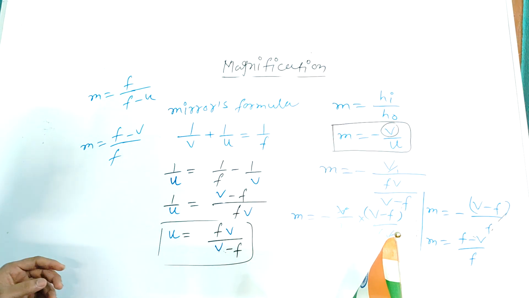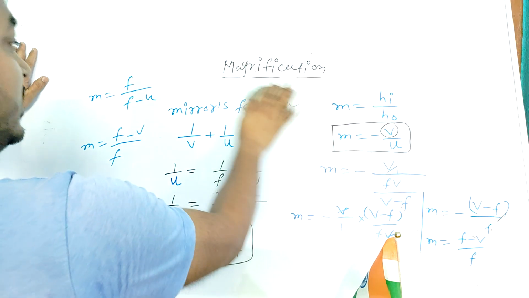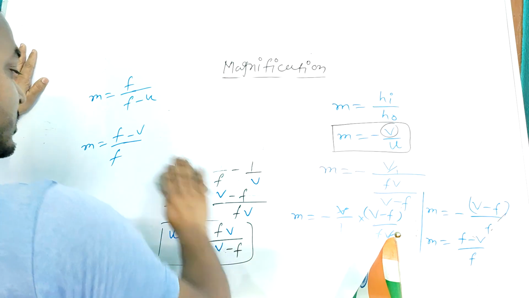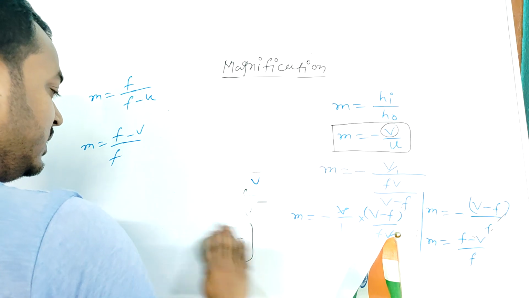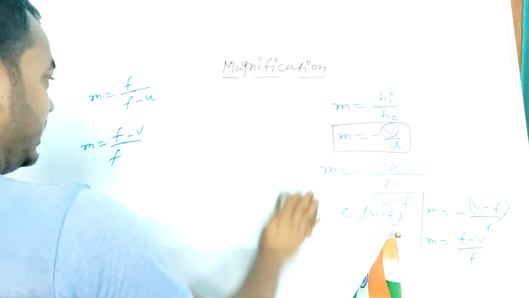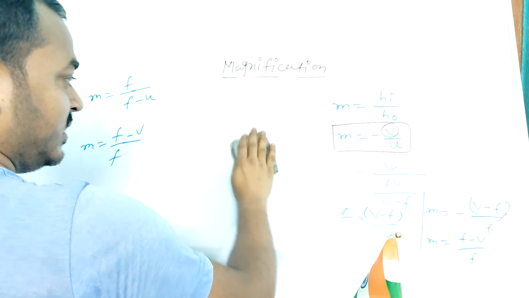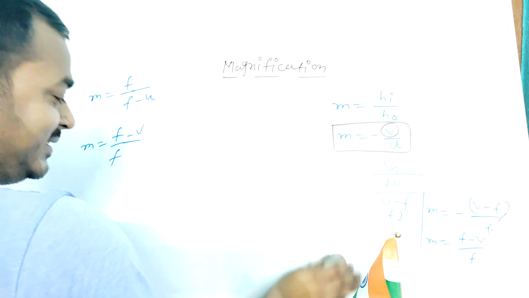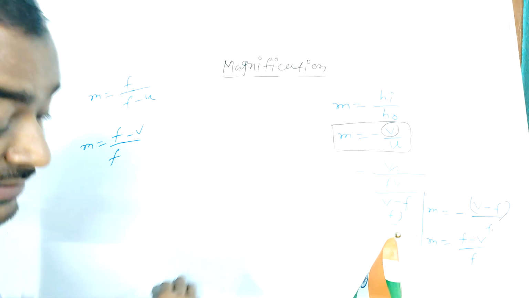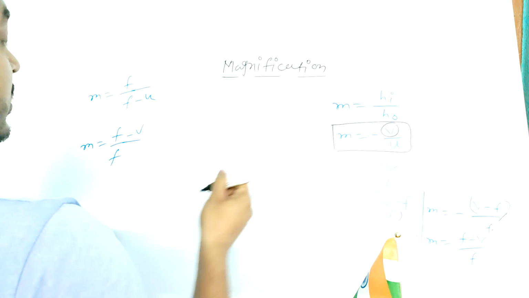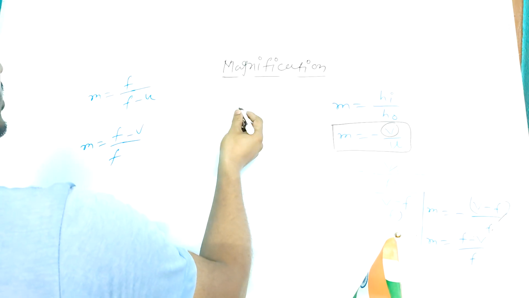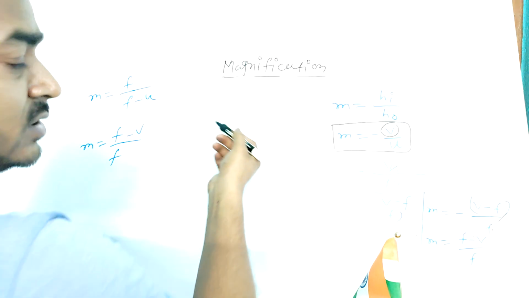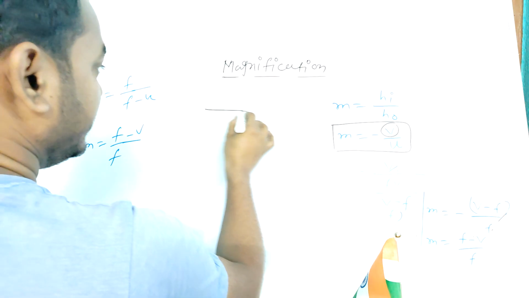So now, for example, suppose I am writing one question. See, this is not an English grammar class, so I will not write the sentences. I will write the hints only. Suppose one object is placed in front of a concave mirror.